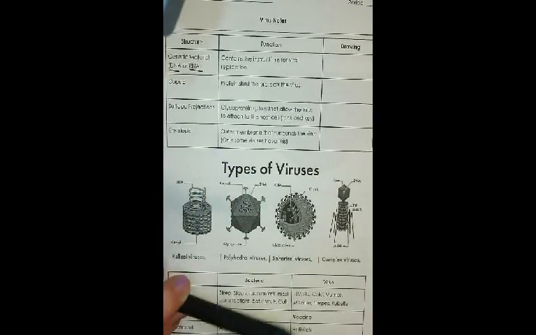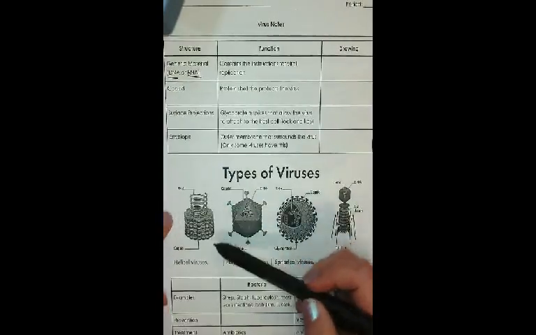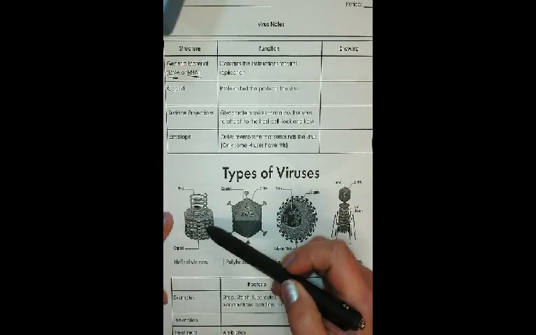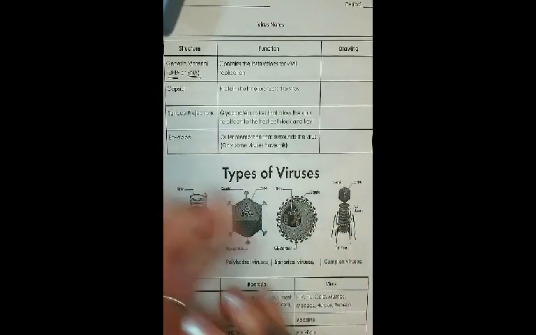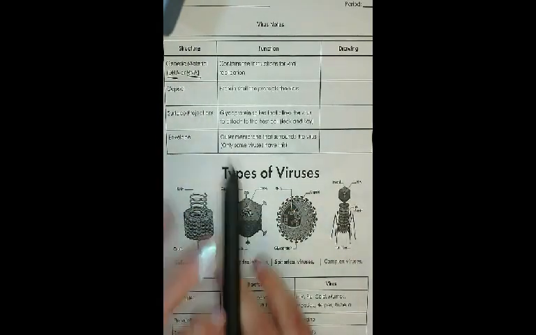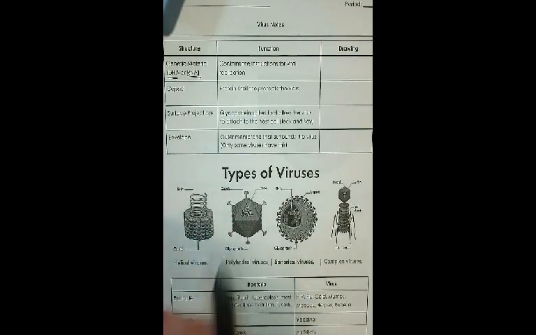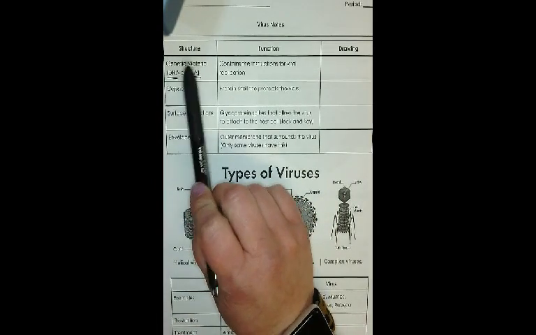Okay, so viruses, here in my picture, you'll see some viruses right here. What they look like is they have a capsid, which is a structure that holds genetic information inside. So remember when I said viruses have to have a host? This is the reason why. Inside a virus, there's genetic material.